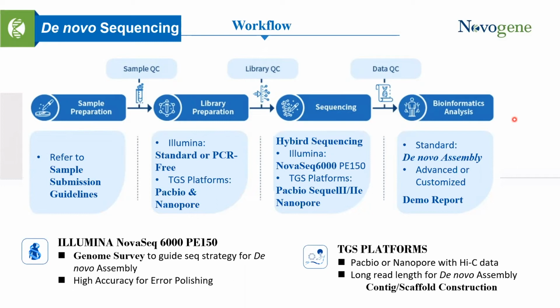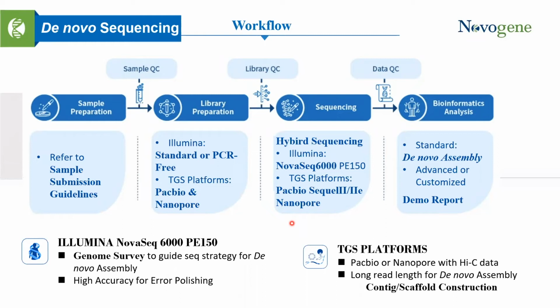And this is quite similar to that of resequencing, so I will not elaborate it here repeatedly. However, unlike the optional sequencing of Illumina or third-generation sequence platforms, in de novo sequencing, we would highly recommend the hybrid sequencing of Illumina and PacBio or nanopore sequencing to maximize the coverage for high-quality assemblies.